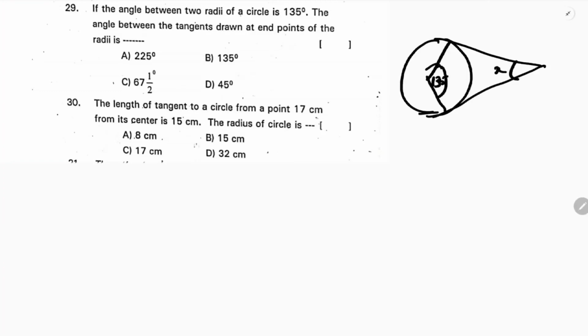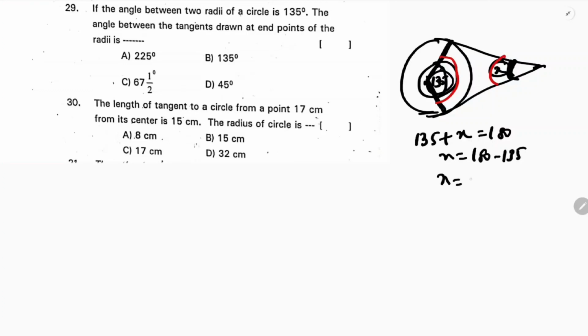So see, the angle at the center, joining the points of contact to the center, and the angle between the tangents are supplementary. So these two angles, this one and this one, are supplementary. So 135 plus x is 180. So x is 180 minus 135. So x is 45 degrees. So correct option is D.